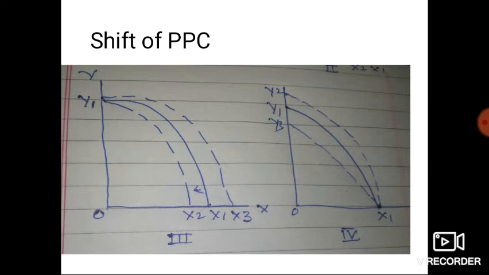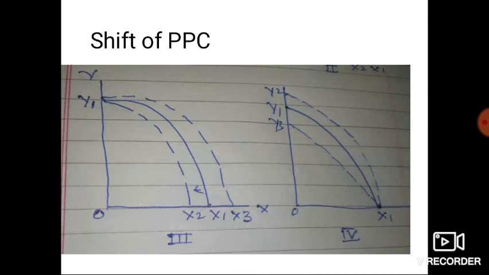Now the second question I am going to ask you is, has the technique of production of Y commodity changed? Yes, your answer is correct. No, the technique used by Khetilal to produce Y commodity is also unchanged. If it had changed, then production of Y commodity would also have been affected. So what happened in case number 3?